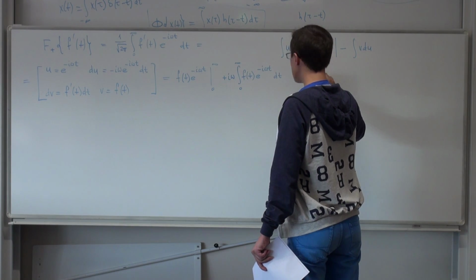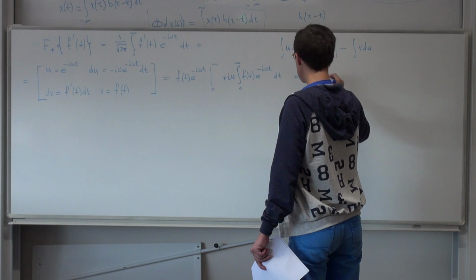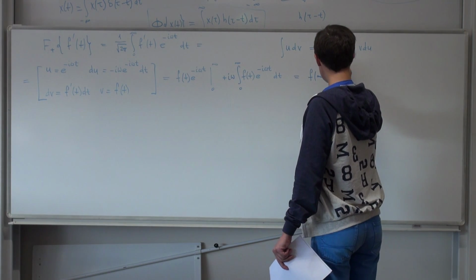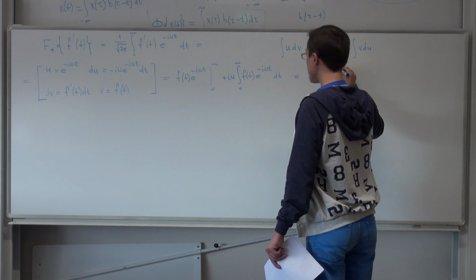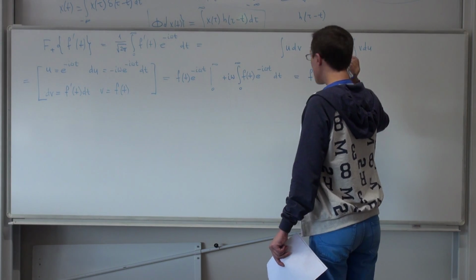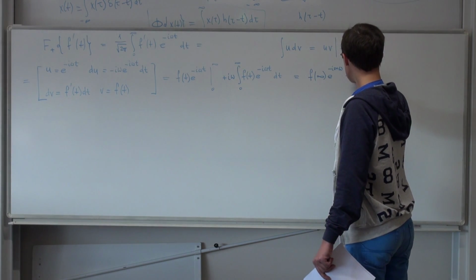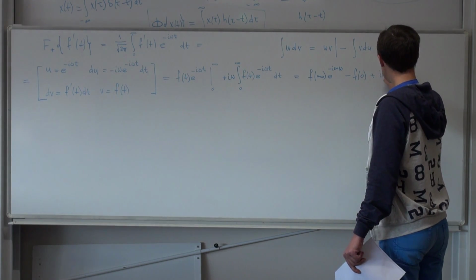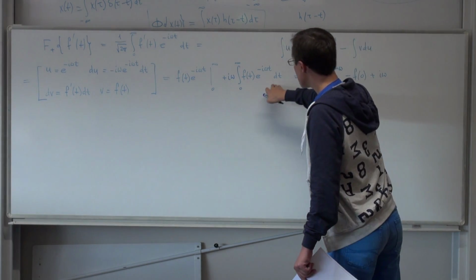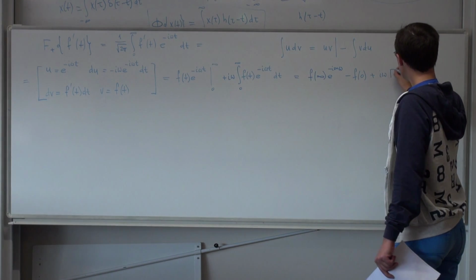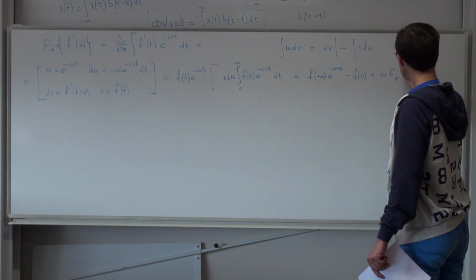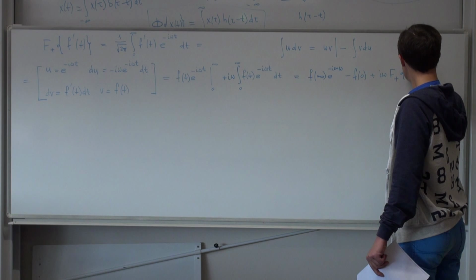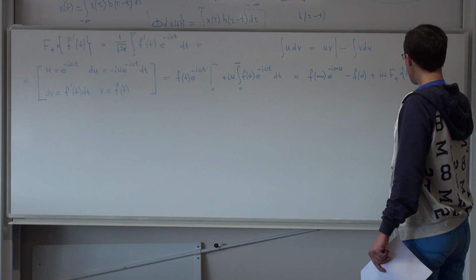So we have f of infinity e to the minus i infinity omega, minus f of 0 plus i omega, and this is the Fourier transform, so it's the F of f of t.